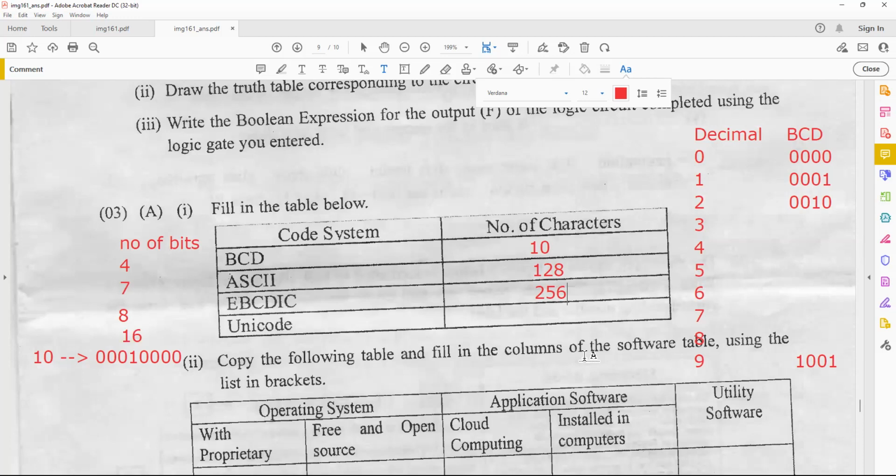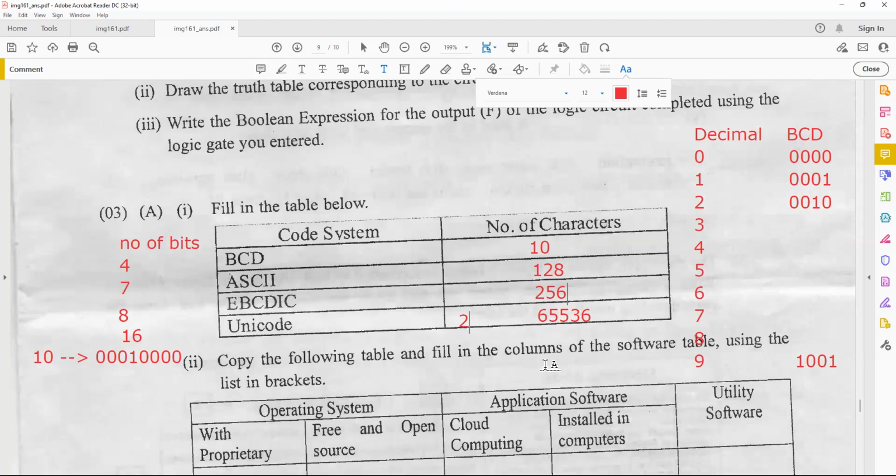If you have 16 bits, more than 200... yes, it should be 65,536. Now, actually, the real value is much more than this, but at your level we are going to assume that the number of bits we are using for Unicode is 16 and the number of characters is 2 to the power 16. Maybe I can write it down here.